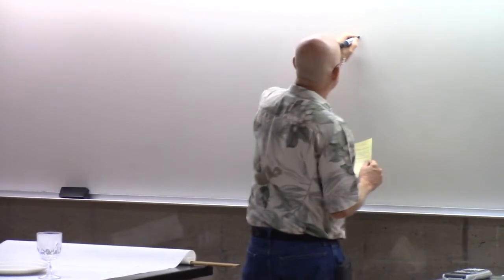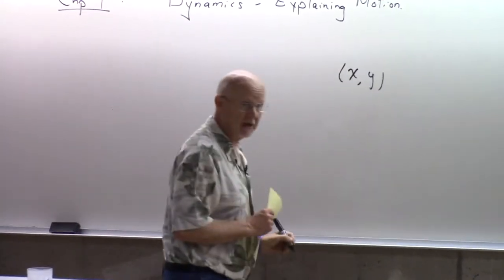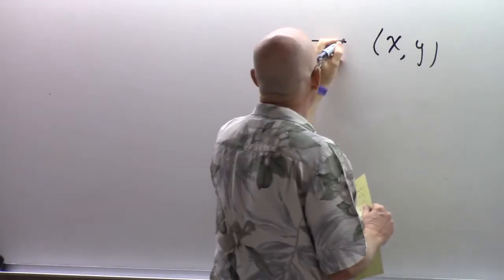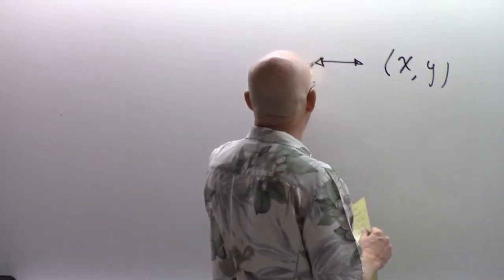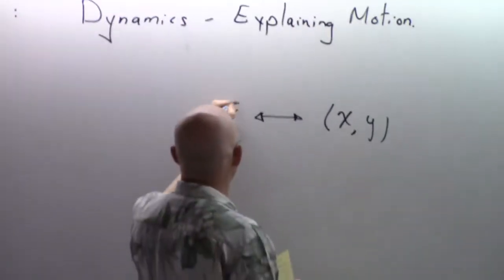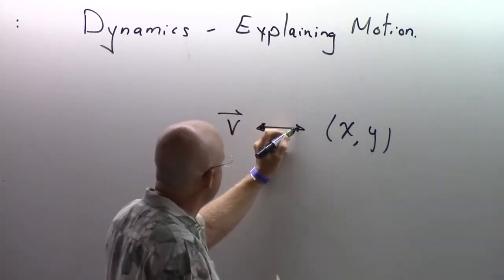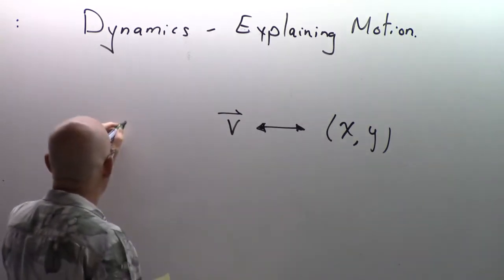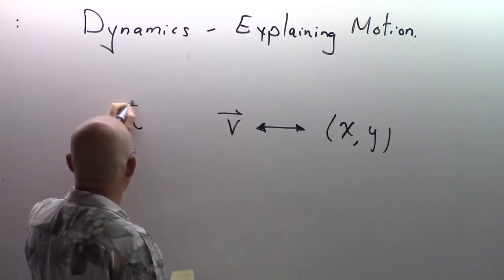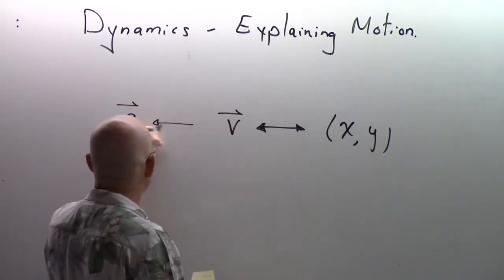For us to get the position, the XY position of something, we got that from the velocity. And I'm going to put a little double arrowhead here, and then acceleration here with another double arrowhead.